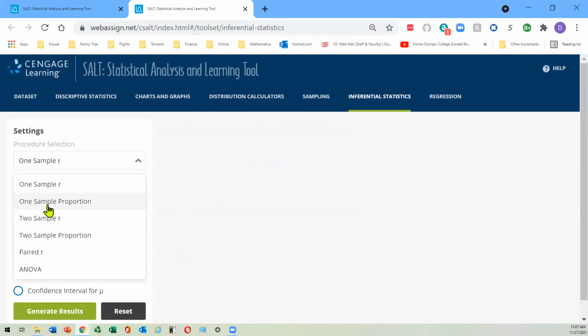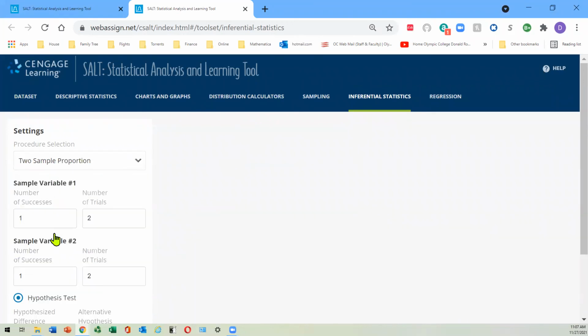So, two sample proportion, check. Number of successes. Well, success in this case is getting drunk. So 96 out of 265. And the second group is 42 out of 150.